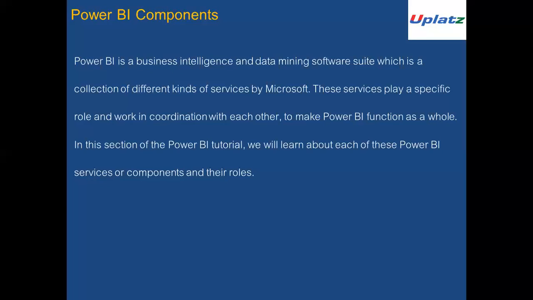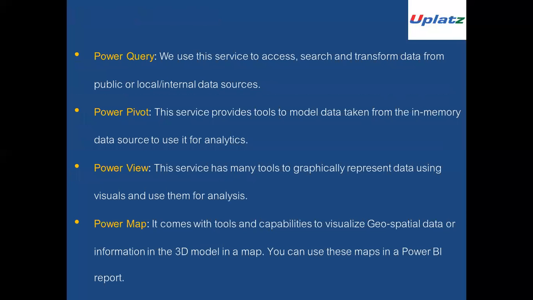Let's see how these components are categorized and how they contribute to the intelligence and data visualization services. We will understand with the help of a diagram. Power Query, Power Pivot, Power View, Power Map. These are the important components.